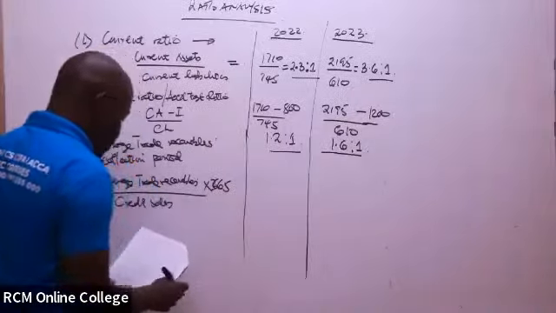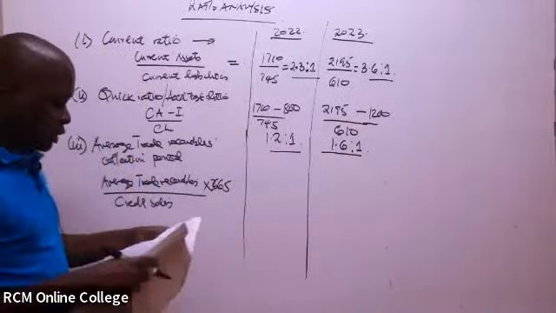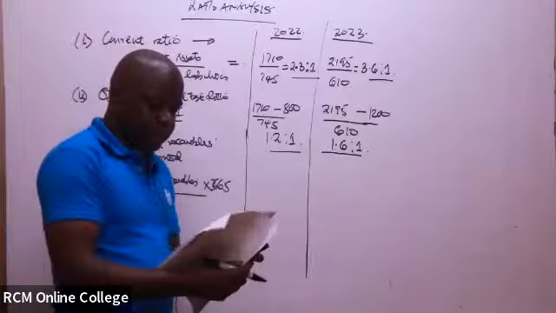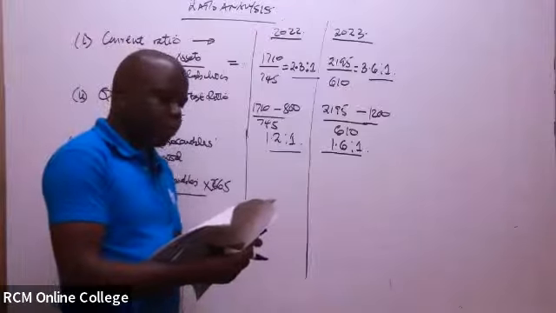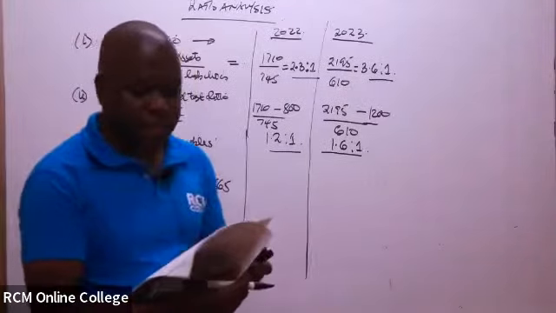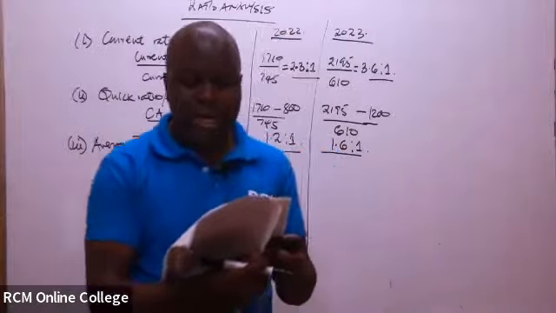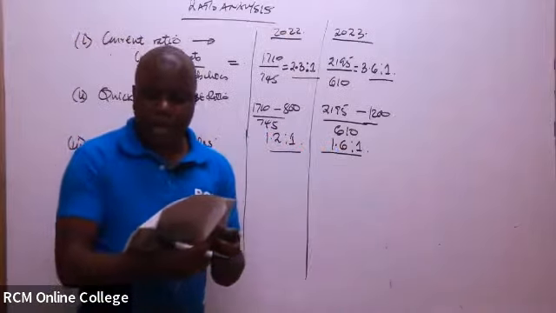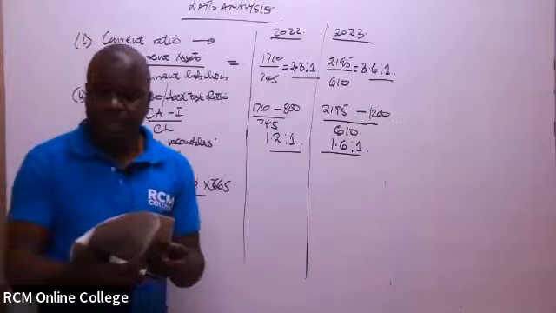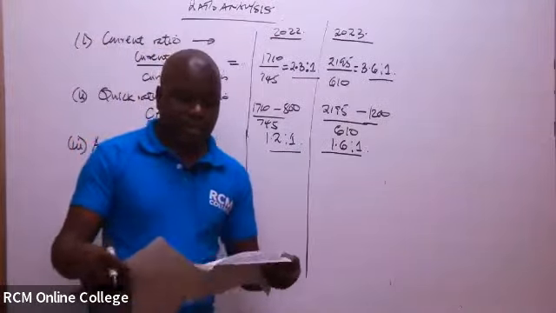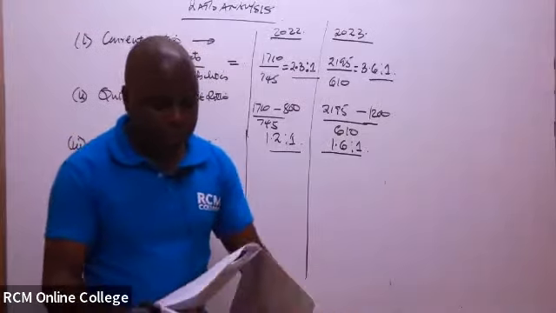Remember, you've been told in the introductory part of the question, on the required, compute the following ratios for the years ended 30th of September 2022 and 30th of September 2023. Assume a 365-day year. So they knew you'll be able to use those days there.